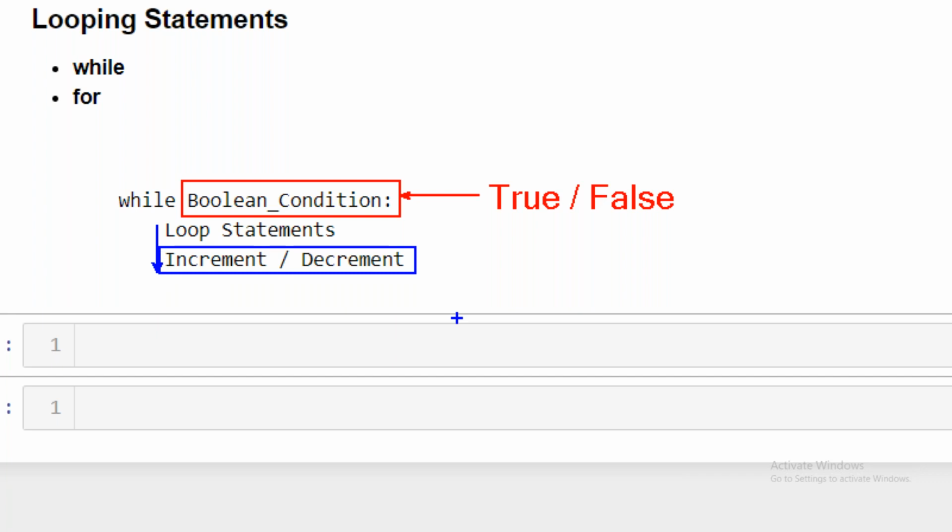Why do we have to write this increment and decrement? Keep this one very important point in mind: if you're not placing this increment and decrement, the loop will always go into infinite.